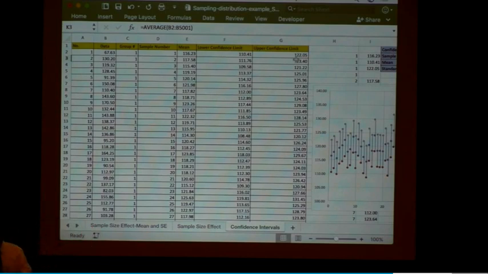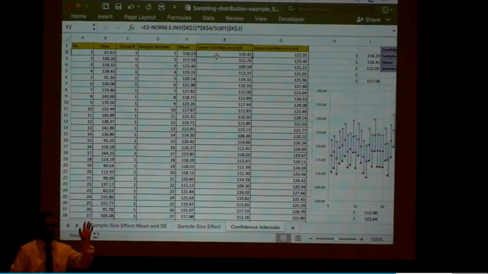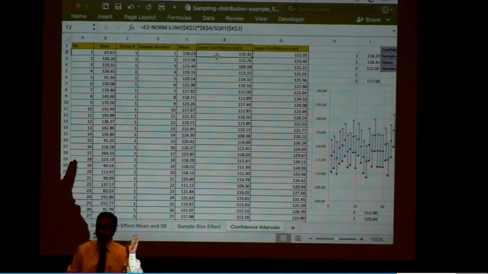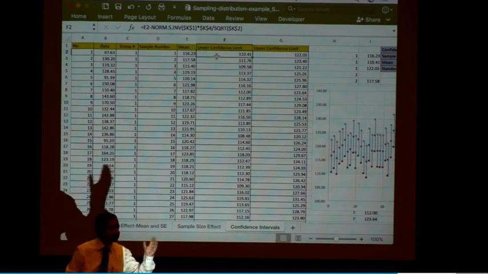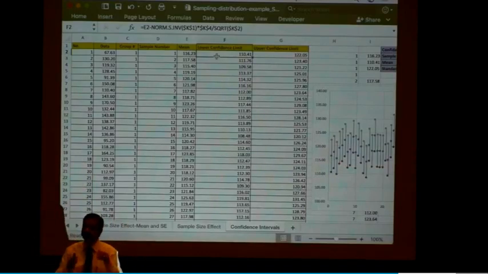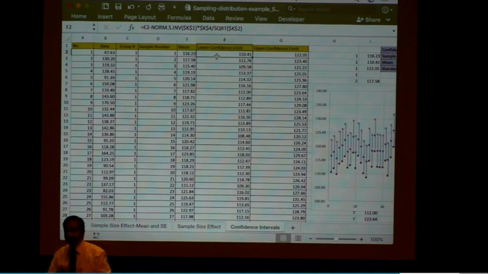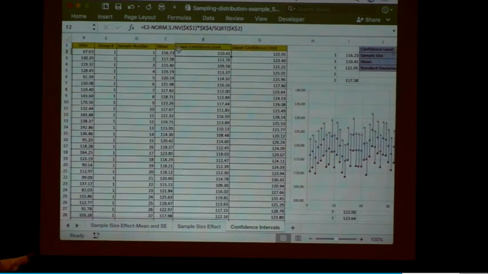And now, I am saying mean plus minus 2 standard errors. I am interested in 95% of the data being contained. So I am saying plus minus 2 standard errors. Actually, if I use all those things, it's not exactly 2, it's actually 1.96.